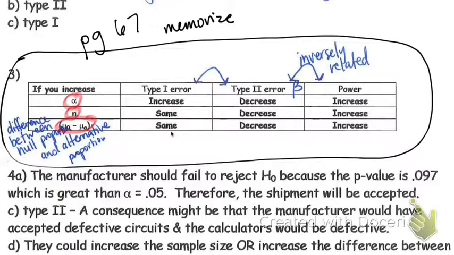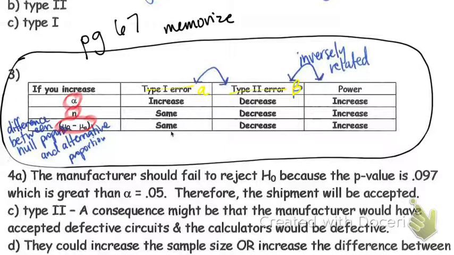For your columns, you don't have to write out type 1 and type 2. You could write alpha, beta, and then power. Maybe when you're making your chart on the test, just put alpha, beta, and power.